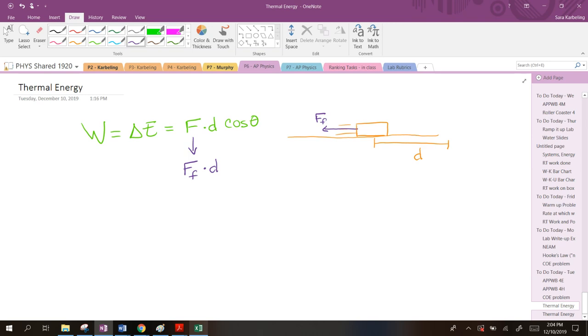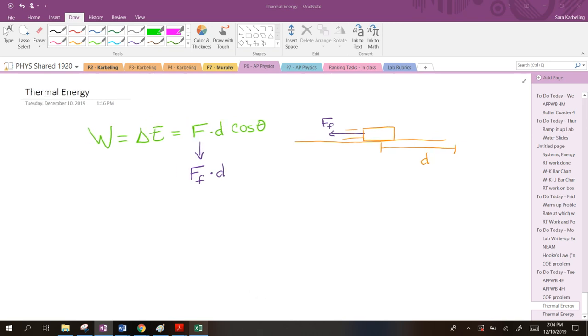Or we can say that that energy that was kinetic turns into thermal energy, right? That goes off into the system as a whole. So you can either say that friction, it depends on if you're talking about a closed system or an open system. If you're not talking about the system as a whole as a closed system, then that friction just takes away energy.